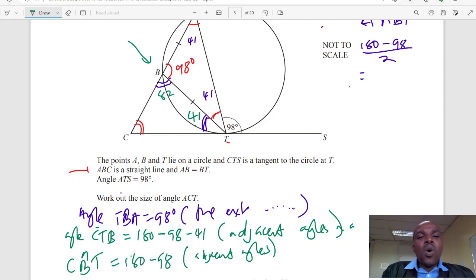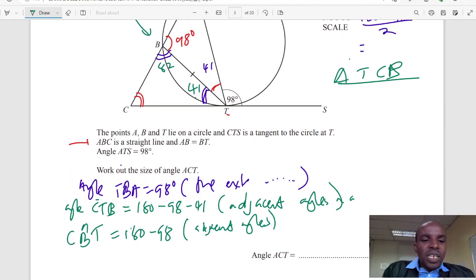Now using triangle TCB, we can find the required angle ACT.